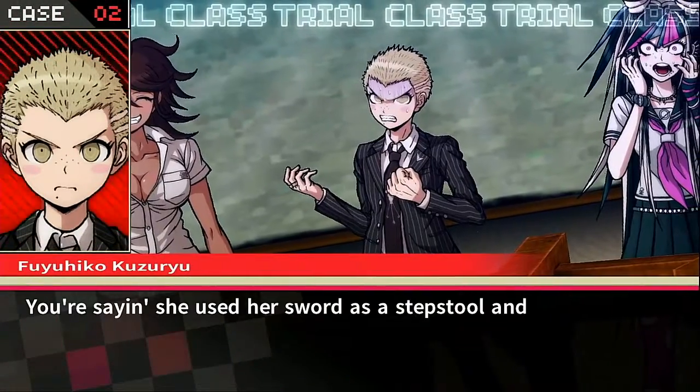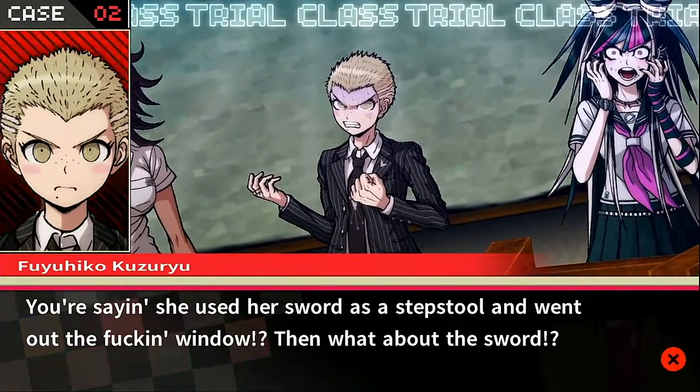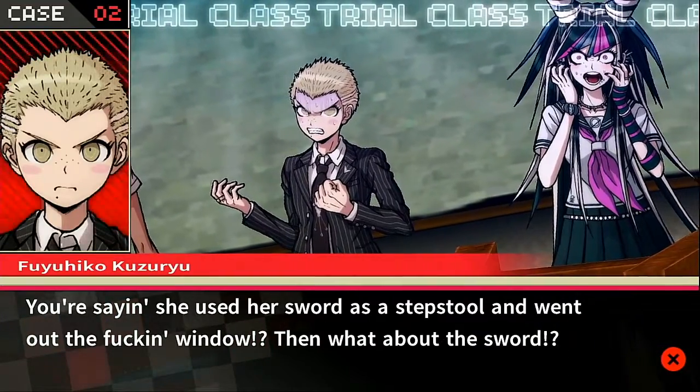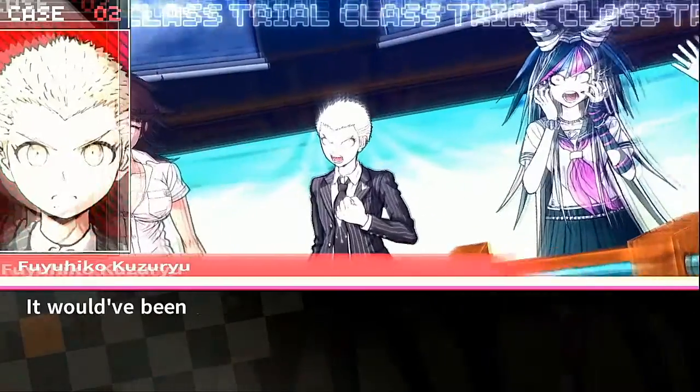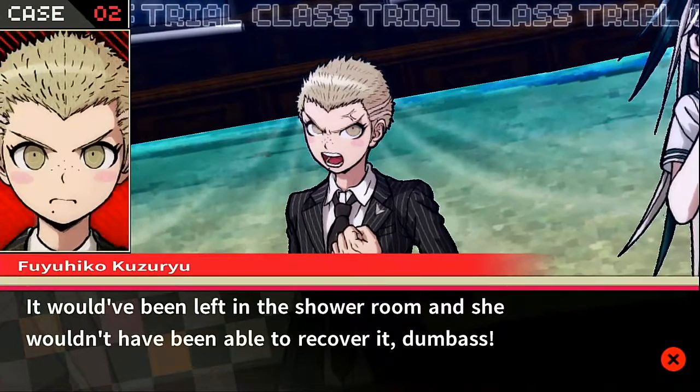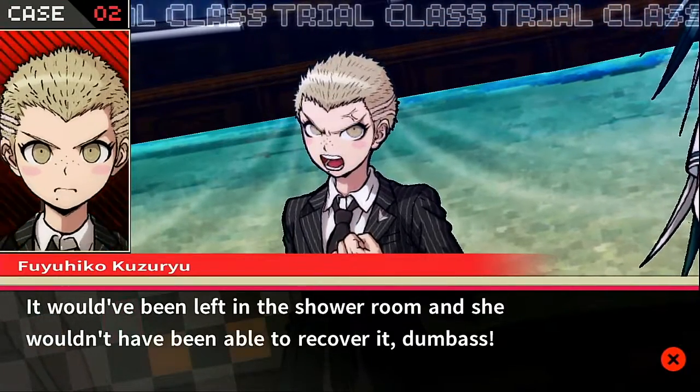You're saying she used her sword as a step stool and went out the fucking window? Then what about the sword? It would have been left in the shower room and she wouldn't have been able to recover it, dumbass!